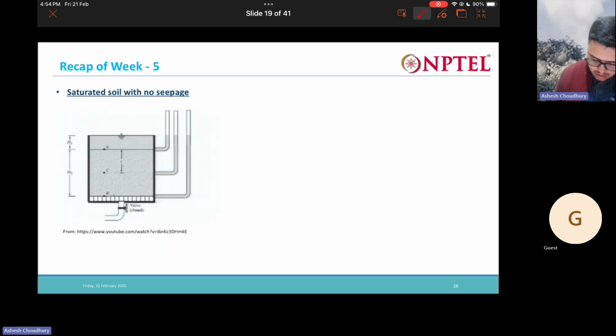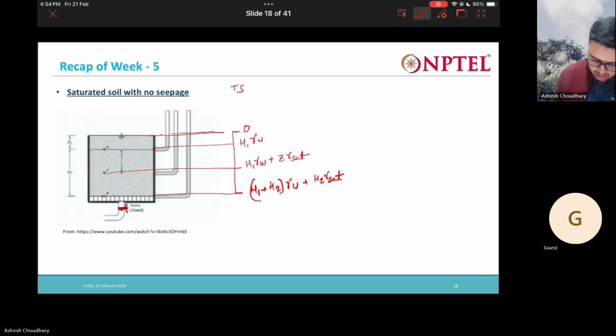So yeah, I think this should be fine. So I am doing H1 plus H2 because you can see the pressure here is rising up, right? That's why I am writing H1 plus H2 gamma.